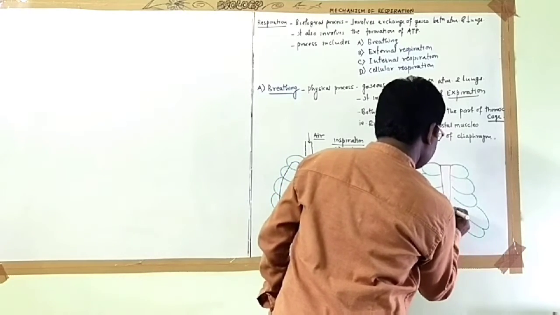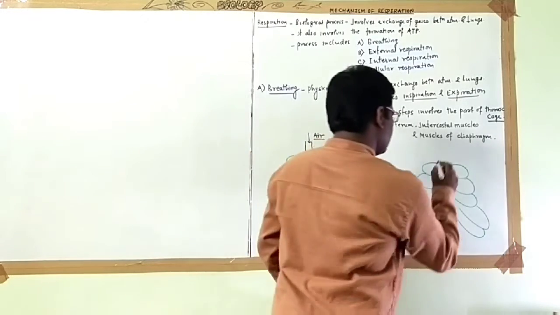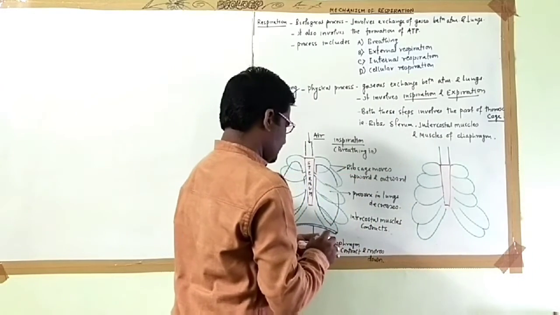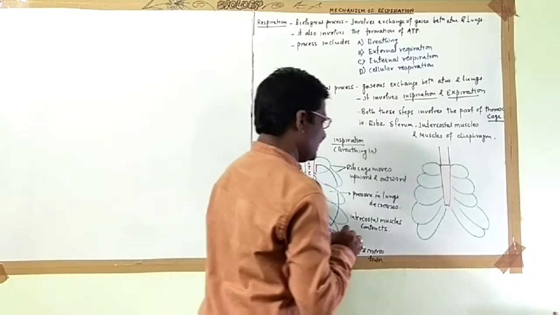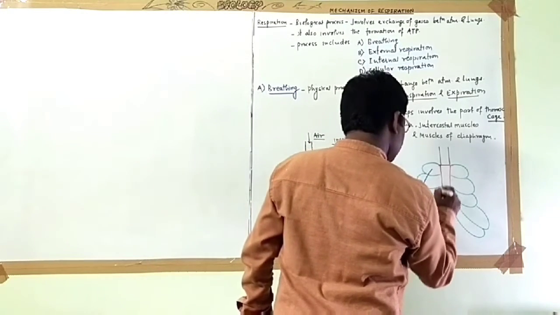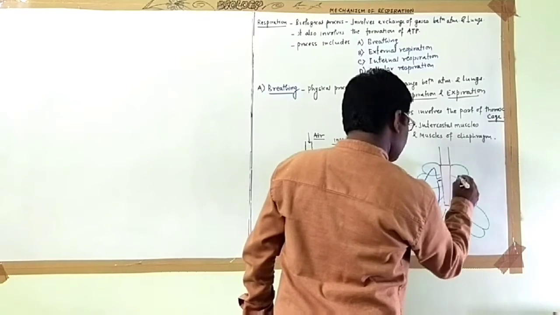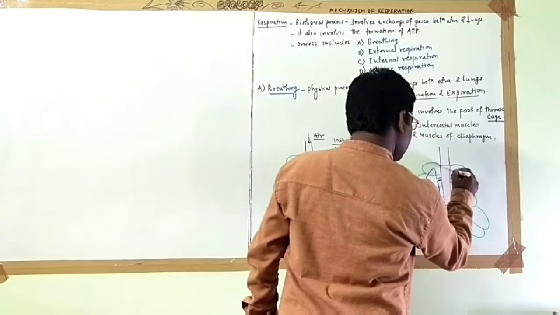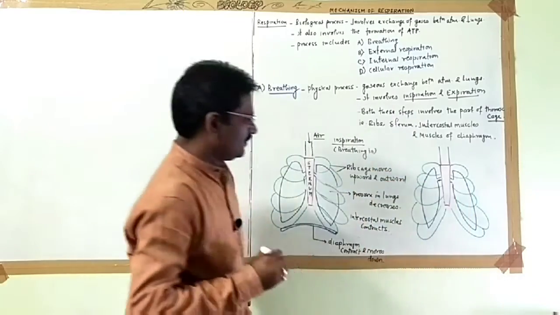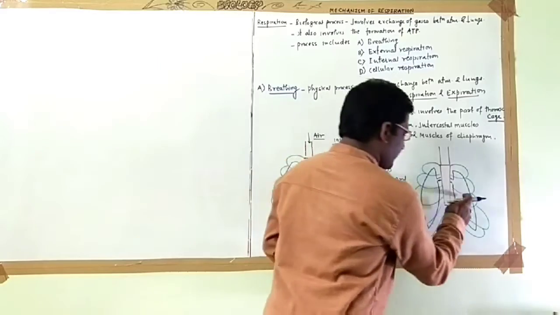Consider these are the ribs. This is the air pipe, the trachea. Just inside the thoracic cage are the lungs: the right lung, which is in flaccid condition, and the left lung. Such a type of lungs. These are the turgid and these are the flaccid lungs.